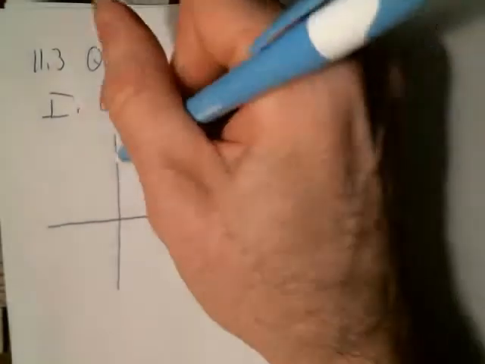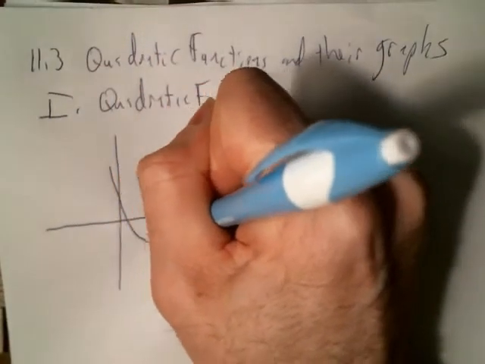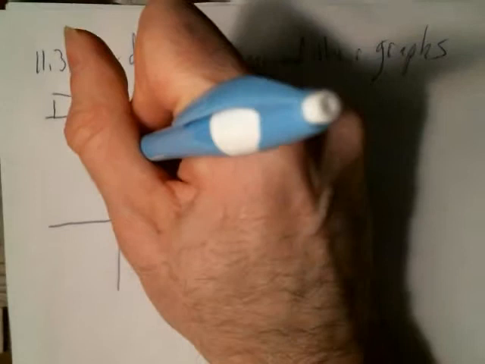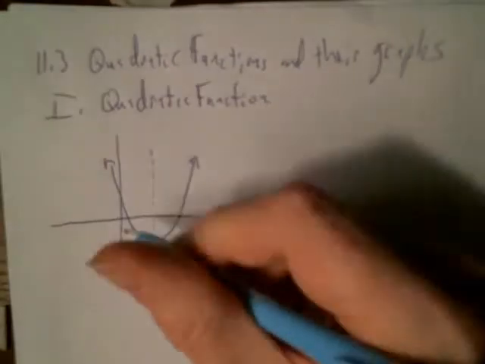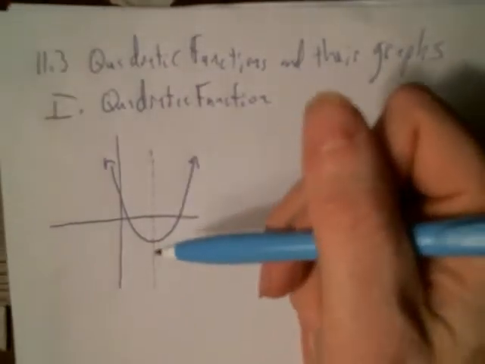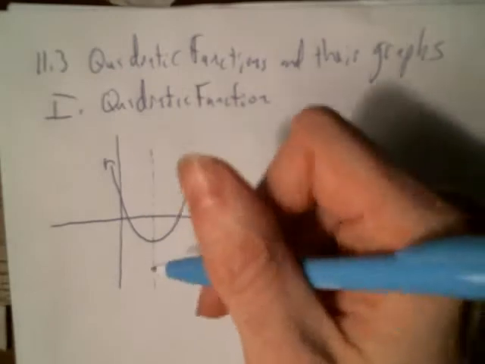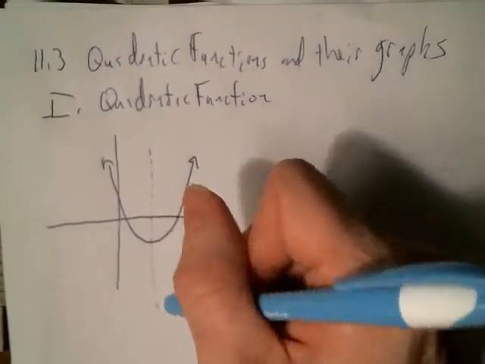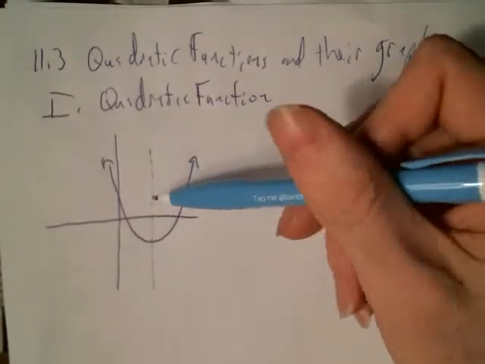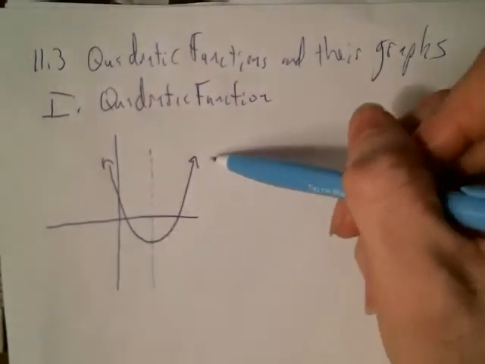So let me give you a picture of what I'm talking about. It kind of looks like a U. Okay? There'll be this axis of symmetry, which is not part of the graph. It's just an aid in graphing. Basically what the axis of symmetry does is cut it into two parts, such that this half and this half are exactly the same.